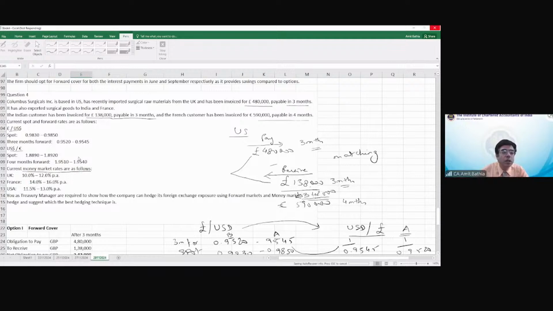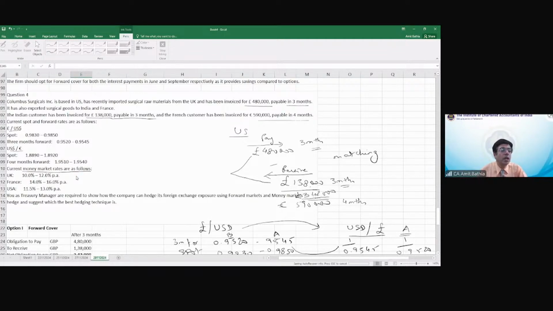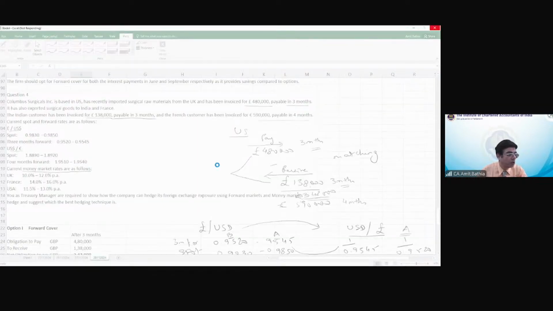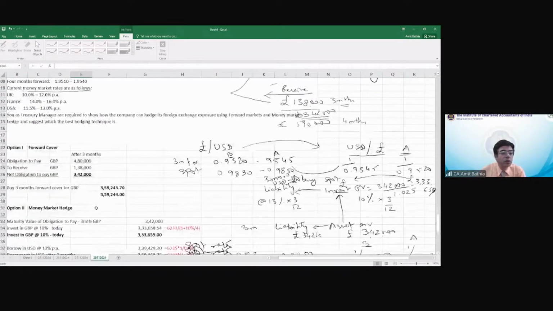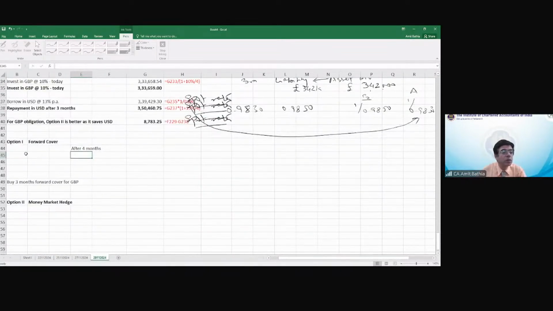First and foremost, I need to sell euros. I'm not going to buy. I don't have an obligation to pay, I have an anticipated receipt after 4 months. So forward hedge is required for what value?